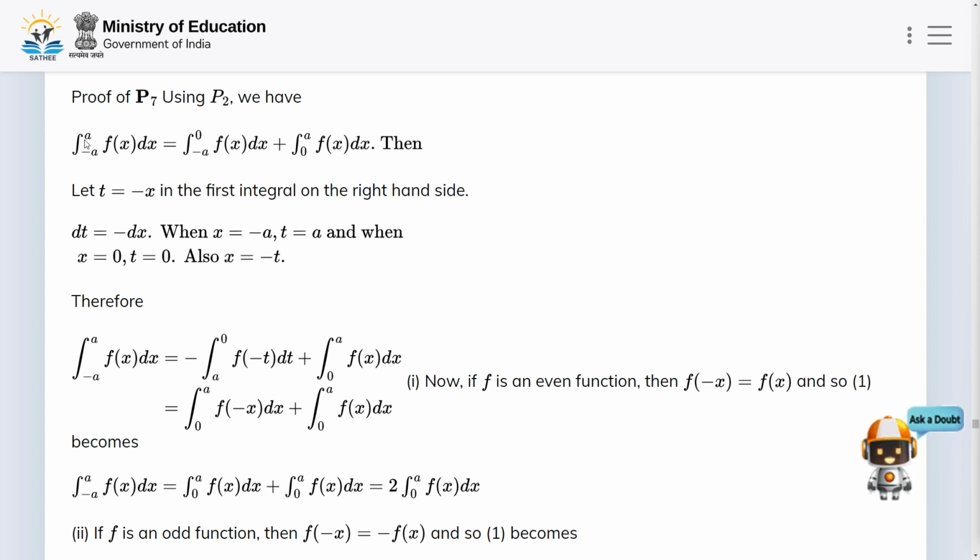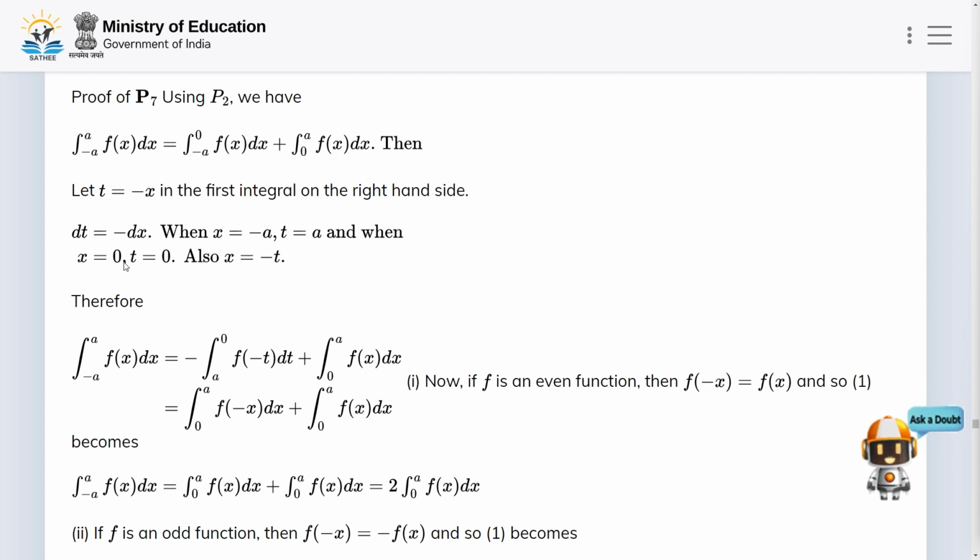Using P2, the definite integral from minus a to a of f(x) dx can be rewritten as the definite integral from minus a to 0 of f(x) dx plus the definite integral from 0 to a of f(x) dx. Then just use t equals minus x in the first integral. This means dt can be rewritten as minus dx. The change in limits: if x equals minus a, then t will be a.